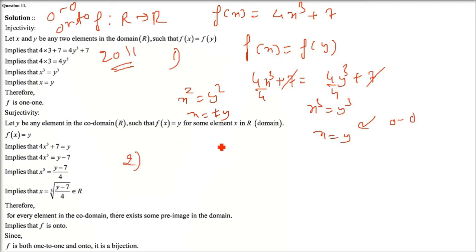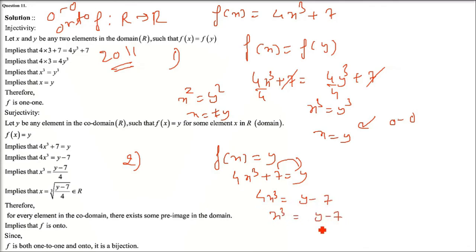Now coming to the second one, which is onto. What do you do? f(x) equals y. Then we try to put x in terms of y. Then we try to show that every y has an x. So f(x) is 4x cubed plus 7 equals y. Now I'll put it here. 4x cubed will be y minus 7. x cubed will be (y minus 7) by 4. x equals the cube root of (y minus 7) by 4.